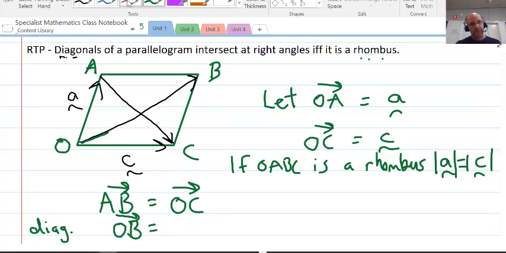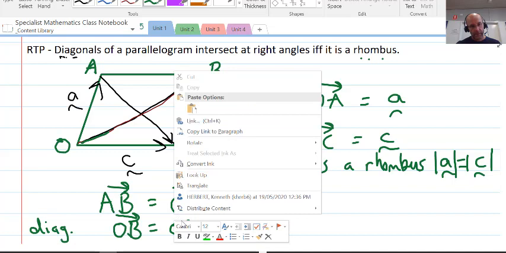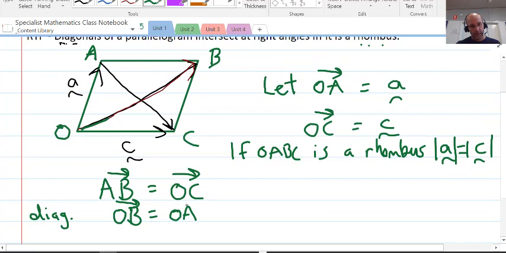Diagonal OB, using vector addition, we can add two other vectors together, and diagonal OB is OA plus AB.